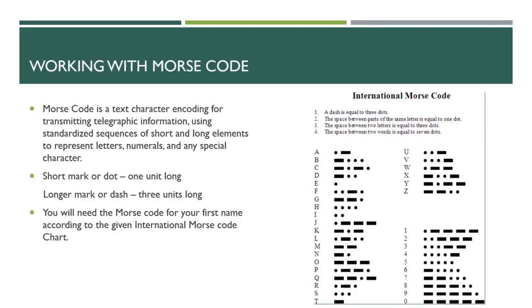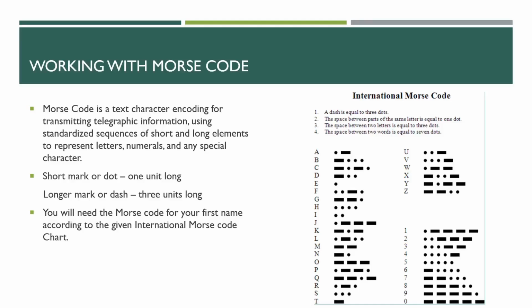Before that, we need to know the basics about Morse code and how it works. Morse code is a text character encoding for transmitting telegraphic information using standardized sequences of short and long elements to represent letters, numerals, etc. In Morse code, there are two functionalities, a dot and a dash, or a short mark and a longer mark.